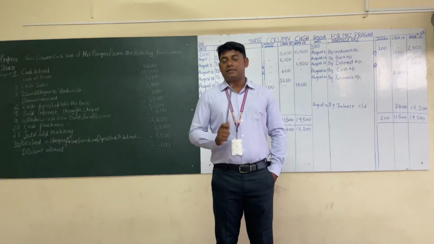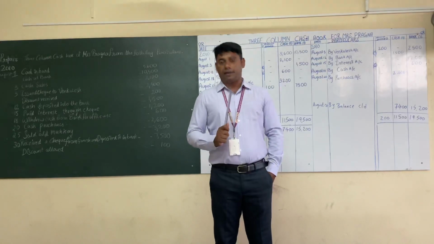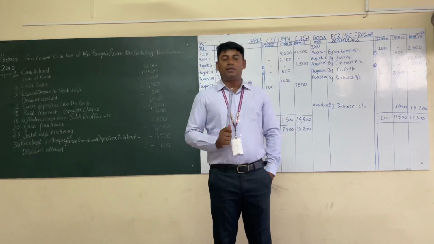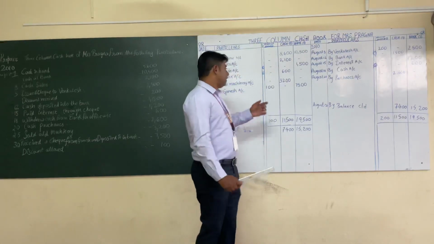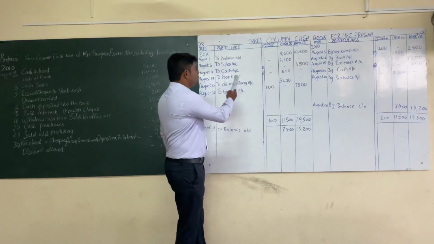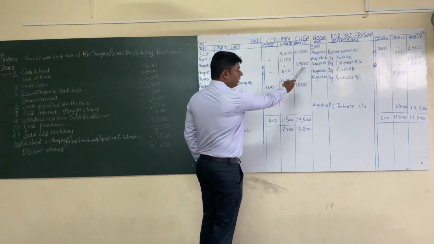Here, earlier I said that where we have bank and cash in a single entry, that is called a contra entry. So in this particular case, bank account occupies debit position. So on the debit side you write the opposite one, that is to cash, and we have to record in the bank column, that is 1500.